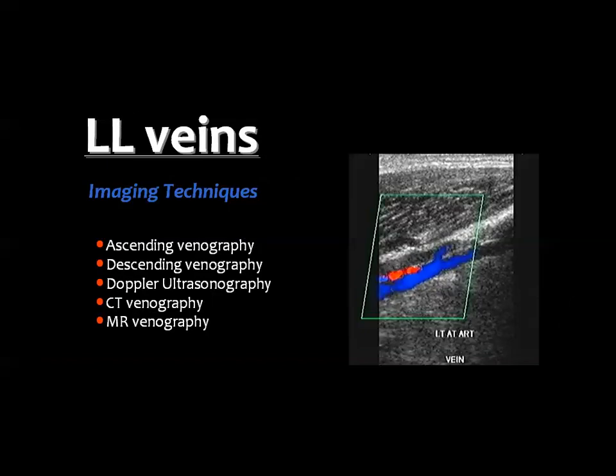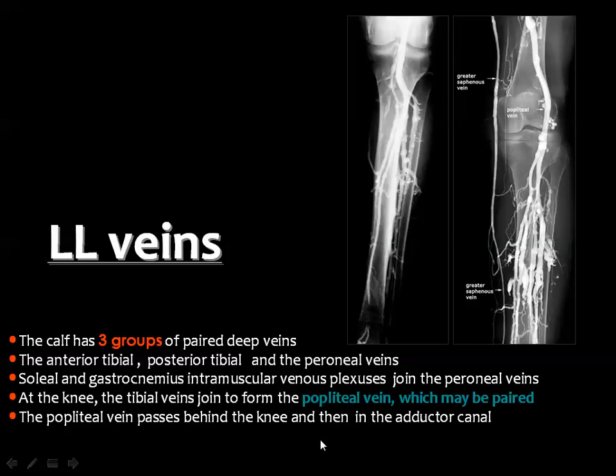Then we came finally to the imaging of the lower veins and the lower limb veins. We have the ascending venogram, the descending venogram, Doppler ultrasound, CT venography, and MR venography. This is the old technique we use to show the lower limb veins by ascending venogram.